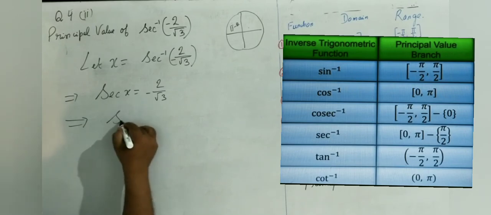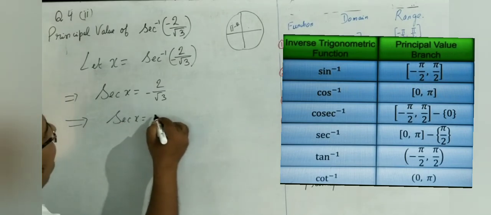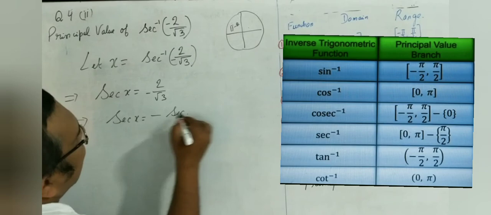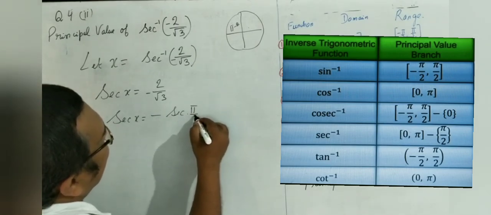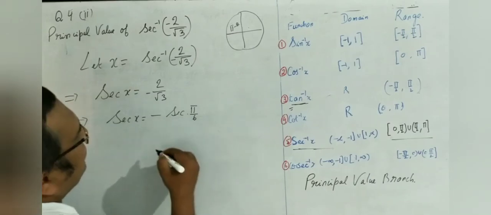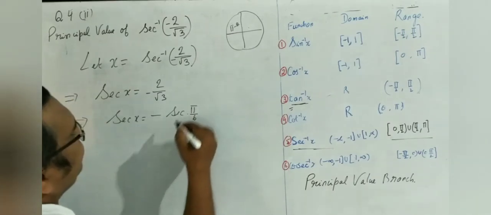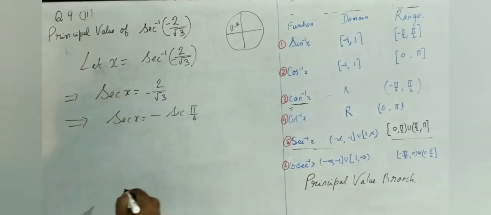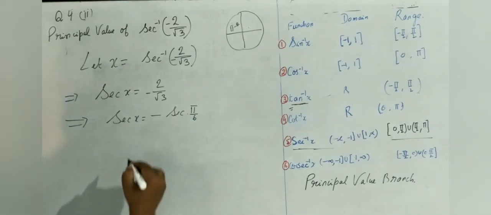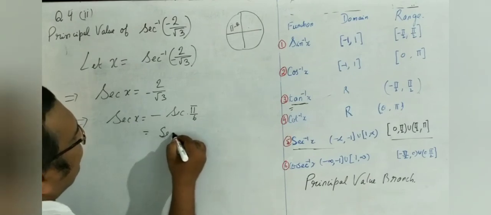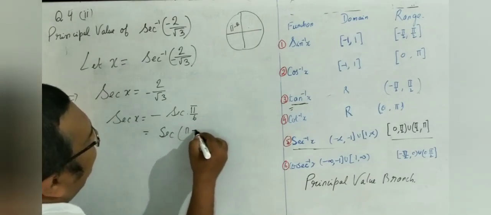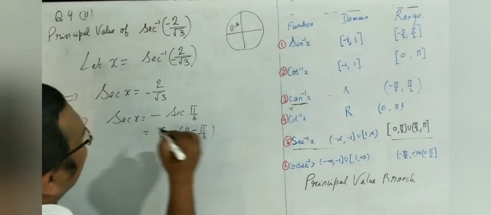Then sec x is equal to minus sec 30. It is negative, therefore I will write here sec pi minus pi by 6.